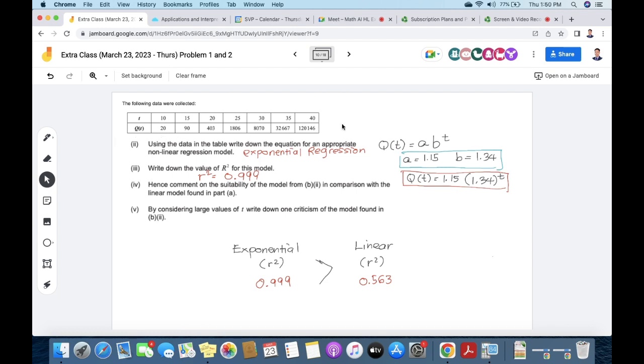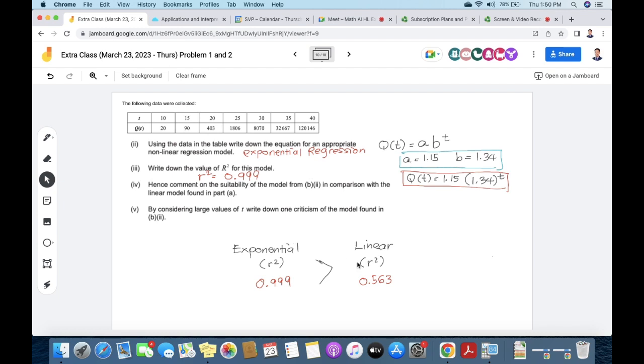The change here is not linear, it's non-constant, because as t increases by the same amount, the change in q of t is not constant. Looking at the trend, the change is actually greater as we increase the number of days.